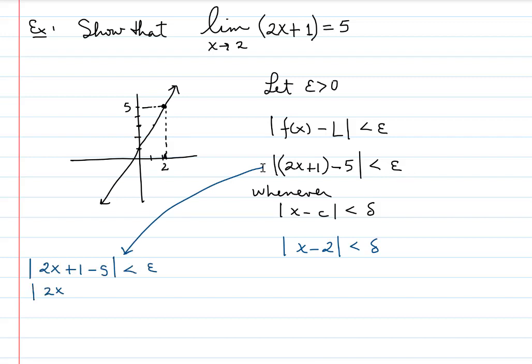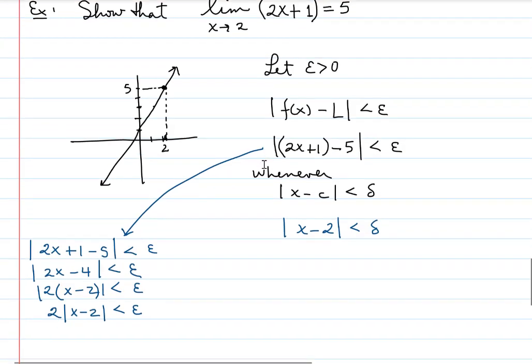Let's simplify a little bit: absolute value of 2x minus 4 less than epsilon. I can factor a 2 out, and this 2 in front can come outside the absolute value because it's just a positive number. So we have 2 times the absolute value of x minus 2 less than epsilon.